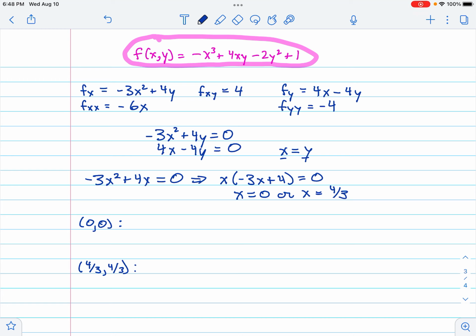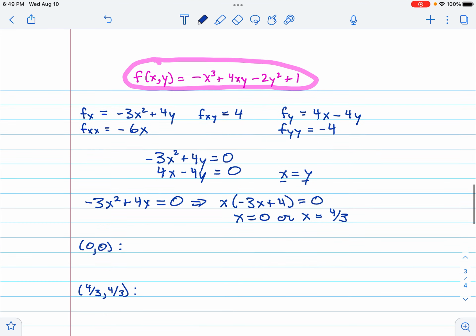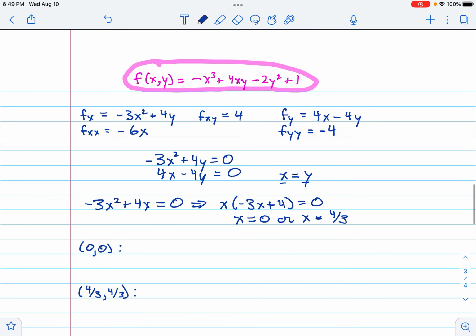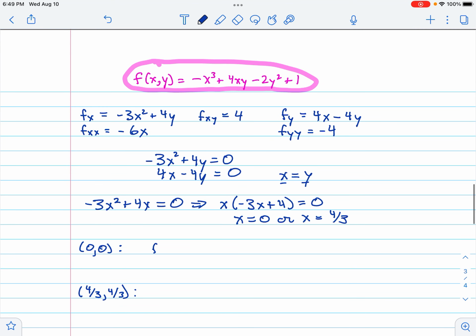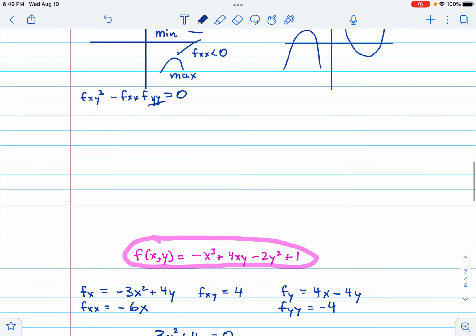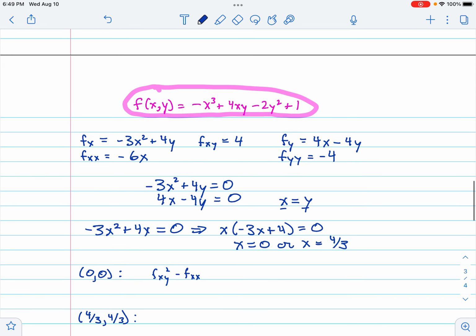Now let's use (0, 0) first of all. Remember, what we're going to do is take fxy squared minus fxx times fyy.